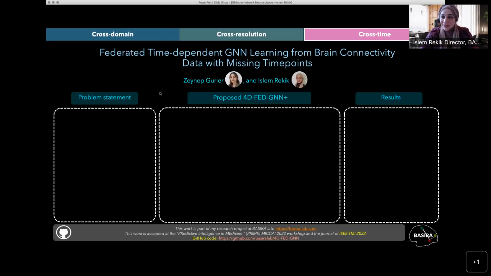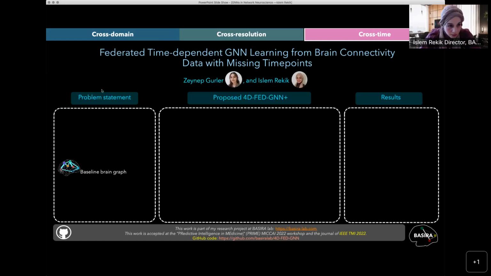So what we try to solve here is to design a federated learning model that learns from incomplete datasets or temporally varying time series datasets, which means you have multiple different time points that do not correspond across your clients or hospitals, and you still want to learn how to predict the evolution from a single observation.